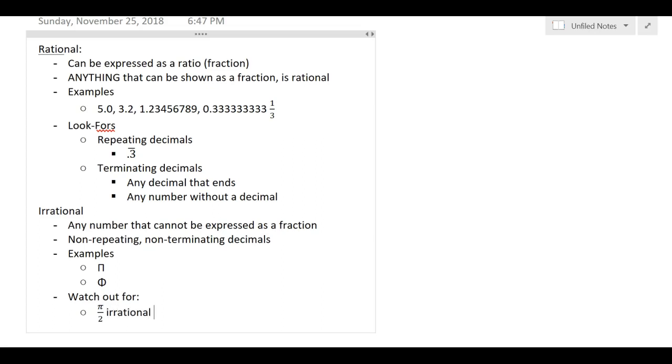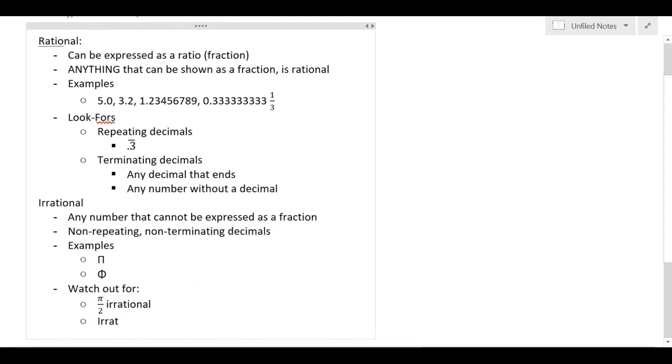The reason being, you can't actually even finish writing this. It will still end up as a non-repeating, non-terminating decimal. So if there is an irrational value anywhere in the term, the result is irrational. Meaning if you divide an irrational number by 2, the result is still irrational.